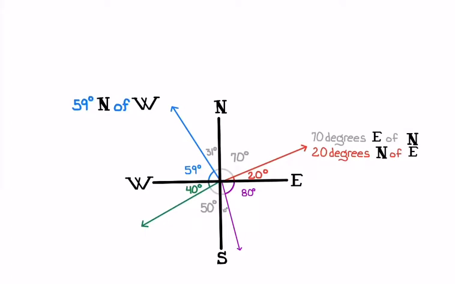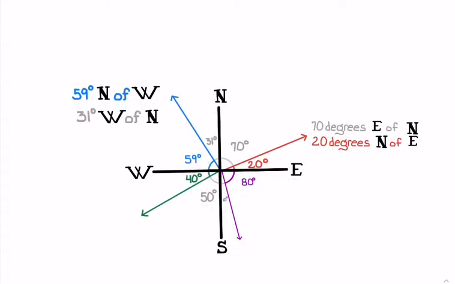One way you could describe the direction an object is moving if it's going along the blue vector, is to say 59 degrees north of west. If we started heading west and then rotated the vector that's going due west 59 degrees towards north, we would have 59 degrees north of west.